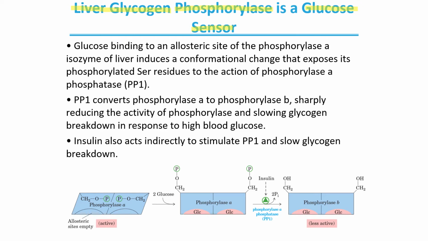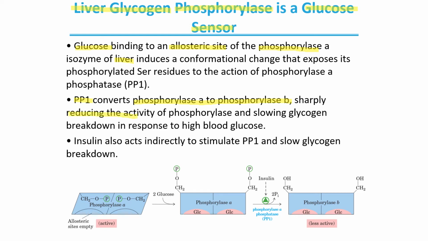Whenever glucose levels are too high, glucose binds to one of the allosteric sites of this enzyme, phosphorylase in the liver, and it causes a conformational change that exposes its phosphorylated serine residues to the action of phosphorylase A phosphatase, or PP1. And this PP1 basically converts the phosphorylase to the B form, sharply reducing the activity.